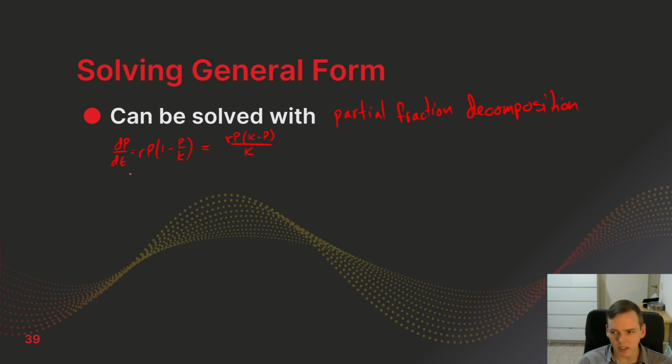Now I can separate my variables and have dP times 1 over P times (K minus P) is equal to r over K times dt.